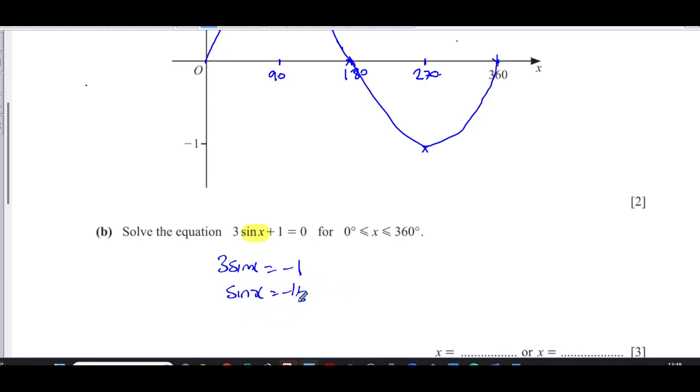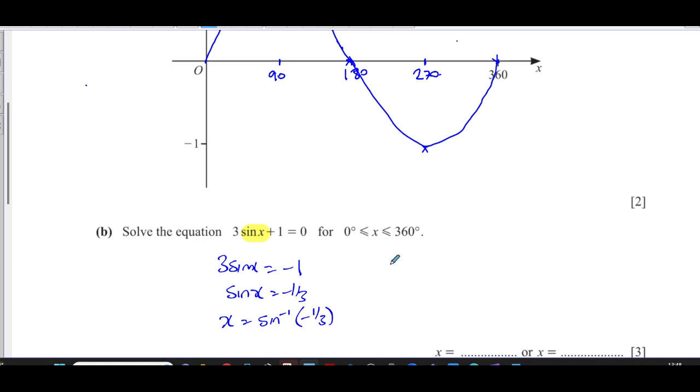Now, we're going to find all the solutions between 0 and 360 degrees. The first solution is always found by using your calculator. So you have inverse sine of -1/3.